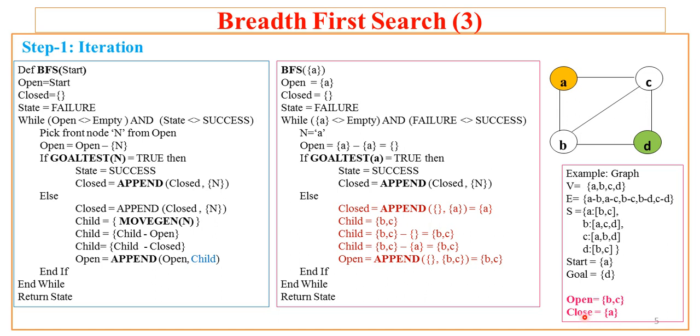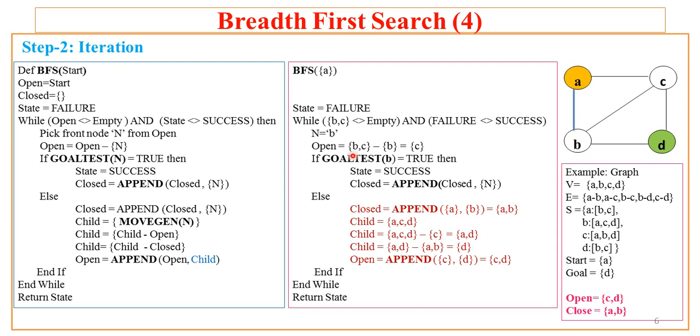Hope you understood this. Now in the next step, it starts with the new value of open, wherein B and C are the elements present at this time in the open. Our state is still failure because we have not yet reached the goal state.